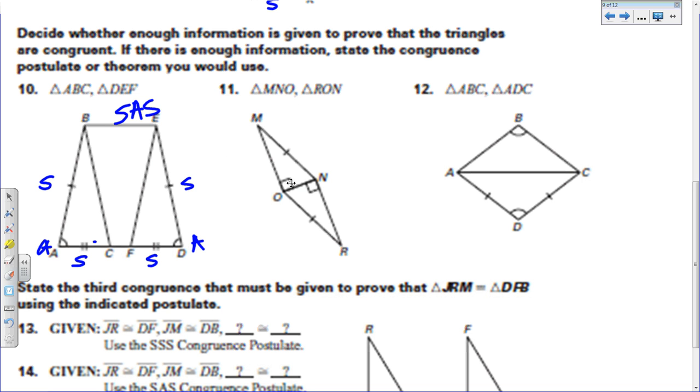As soon as I see this right angle, that's not necessarily always going to be hypotenuse leg, but that's going to jump into my head that I need to look to see if the hypotenuse is congruent. Hypotenuses are congruent, and then we have this leg inside of here congruent to itself. So it's hypotenuse leg, HL.